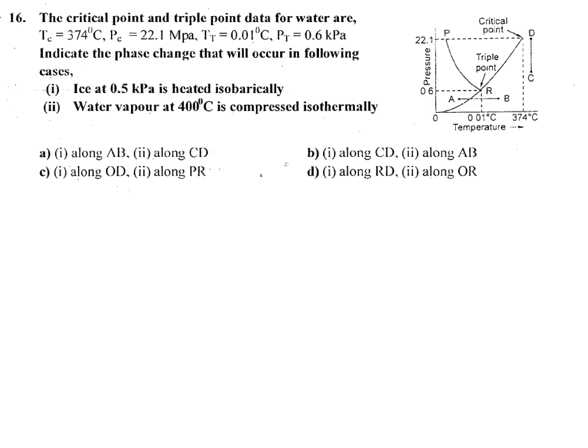Indicate the phase change that will occur in the following cases. A: ice at 0.5 kilopascal is heated isobarically, or constant pressure heating. B: water vapor at 400 degrees Celsius is compressed isothermally.